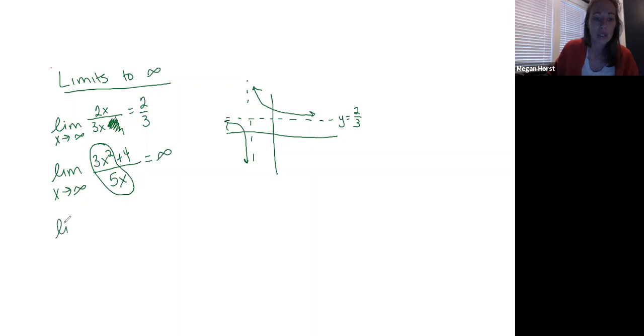The last situation that can occur with these is if my denominator, similar to what we saw before with the function, I'll just do x minus 1, my denominator is getting larger faster. So I have 1 over an insanely large number. And remember, when I have 1 over an insanely large number, I get 0 out.